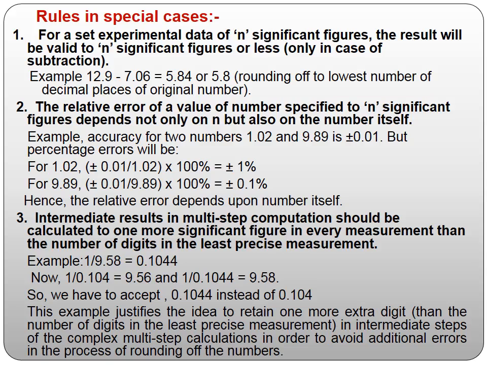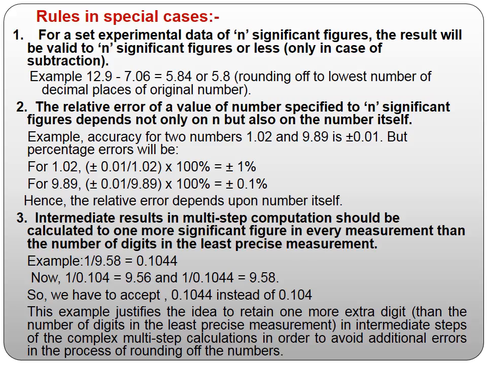For example, the accuracy for the two numbers 1.02 and 9.89 is plus or minus 0.01, but their relative errors will be, for 1.02, plus or minus 0.01 divided by 1.02, and for 9.89, plus or minus 0.01 divided by 9.89.